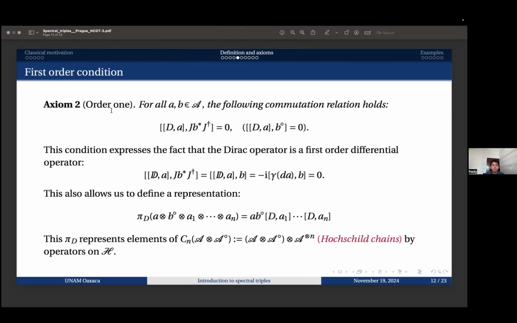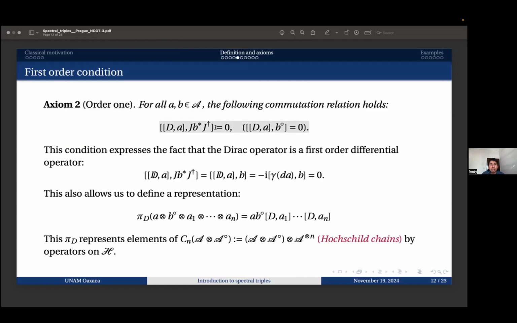In the first order condition, the first order condition has been a problem in the examples of spectral triples for the quantum groups, because this condition has to be modified.